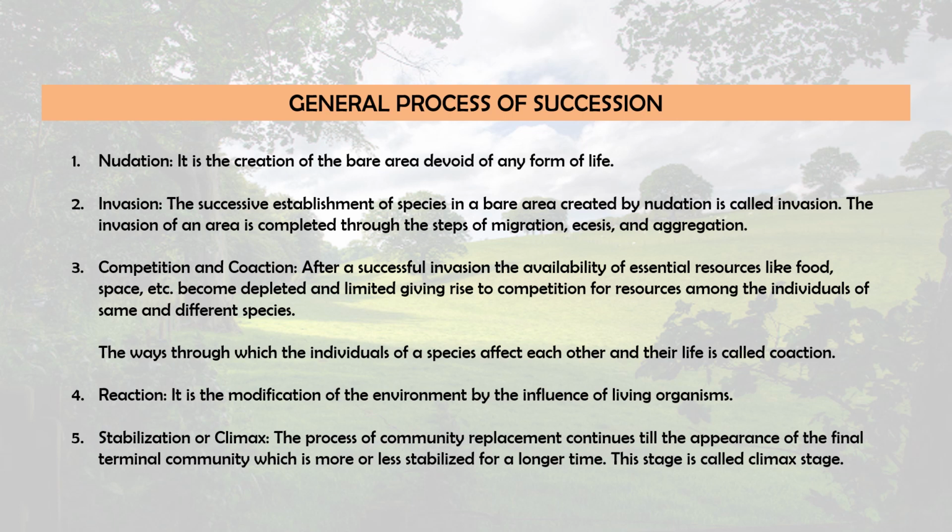The process where the species adjust themselves to different barriers, climatic conditions or man-made conditions is called ecesis. And when they start reproducing with an increase in their numbers, this is called aggregation.